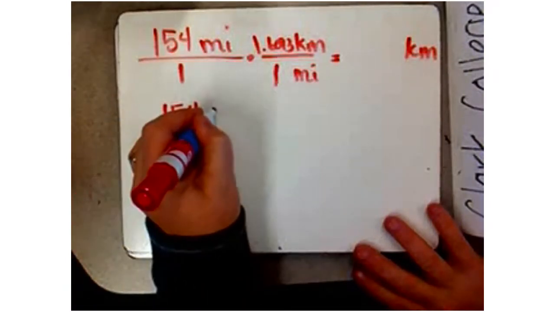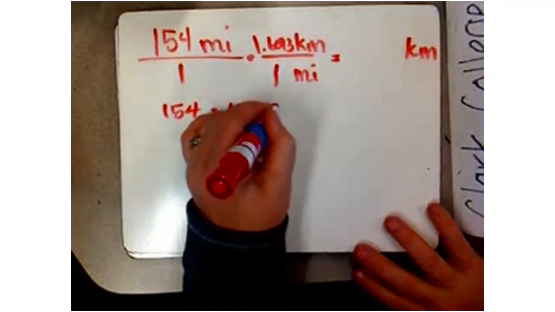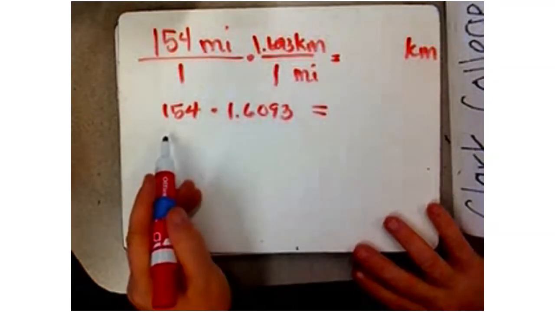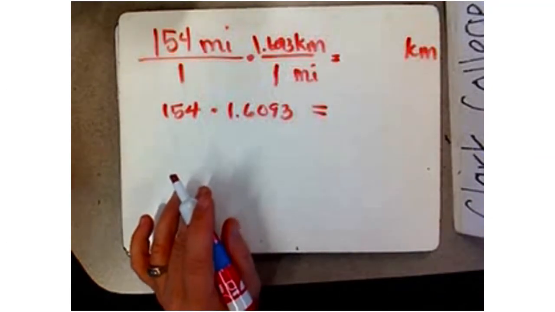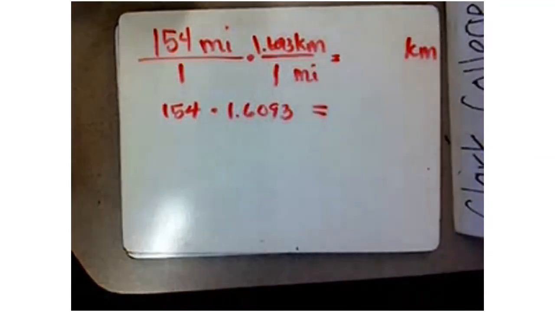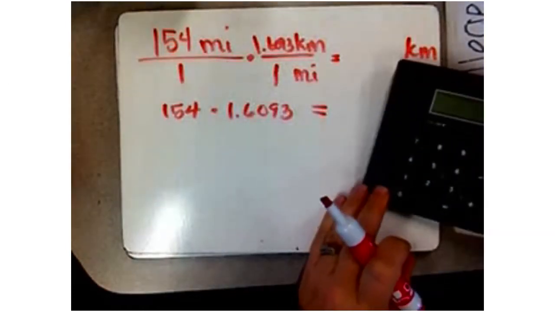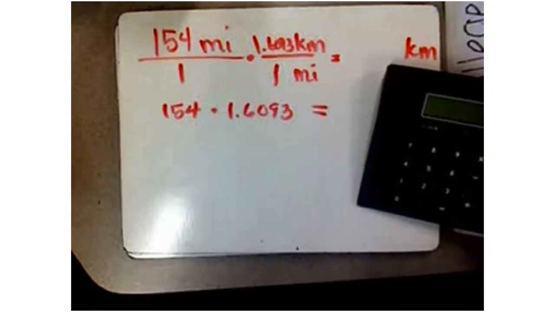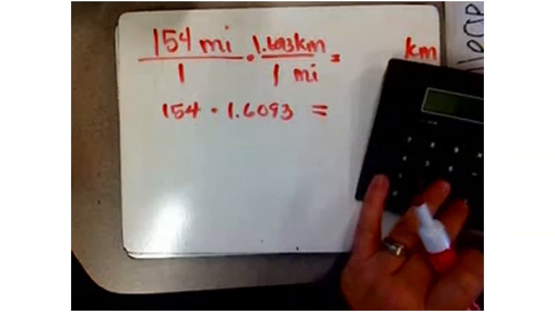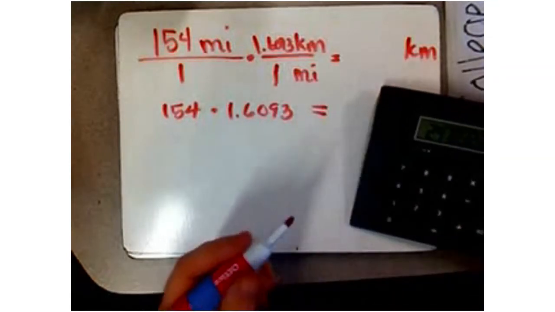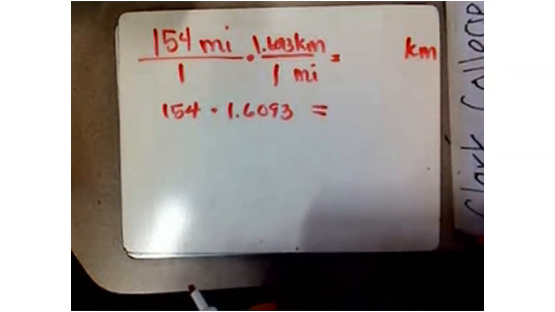So we're going to multiply 154 times 1.6093 to end up with how many kilometers that is. And this is where you need to just use a calculator. It's okay to bring out that calculator now and have it do the work for you, because multiplying these decimals is just crazy, and we want you to become efficient problem solvers. 154 times 1.6093 is equal to 247.8322.